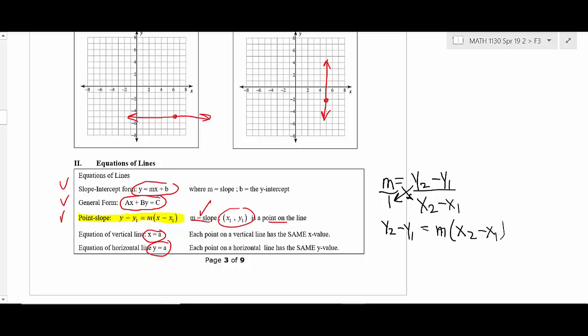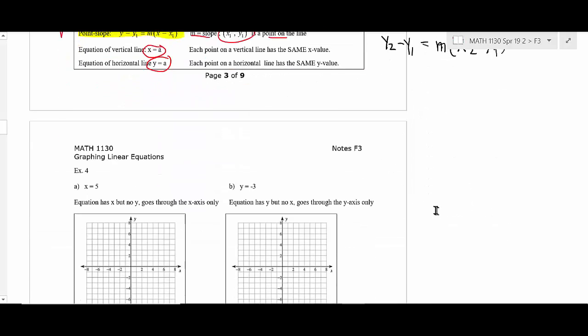Now notice these formulas are the same thing. Doesn't that look a whole lot like that formula? I just changed the y's. So if you take the slope formula and cross multiply it, essentially you get that anyway. So that's the slope formula rearranged is really what it is. Okay, let's go to the next page. Those are just a summary of the formulas that you need to know something about.